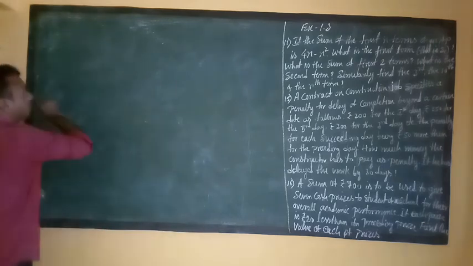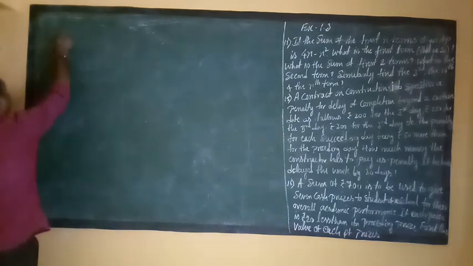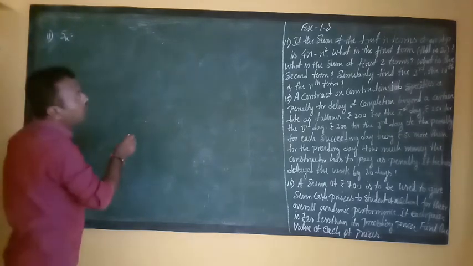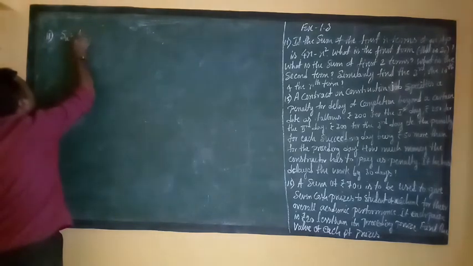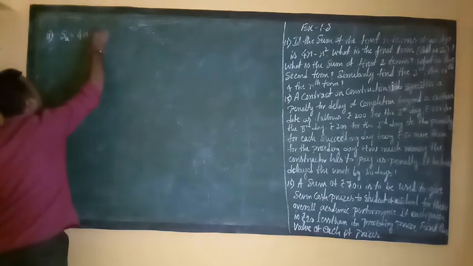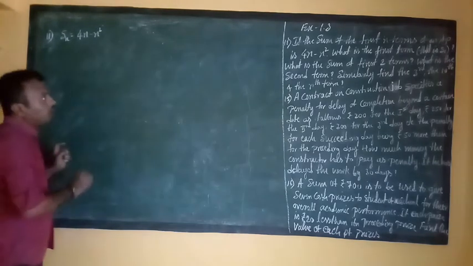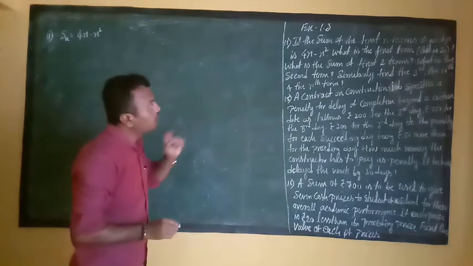So first Sn, the sum of the n terms. Question number 11, Sn is equal to 4n minus n square. So this is the Sn format. We want to calculate the first term.